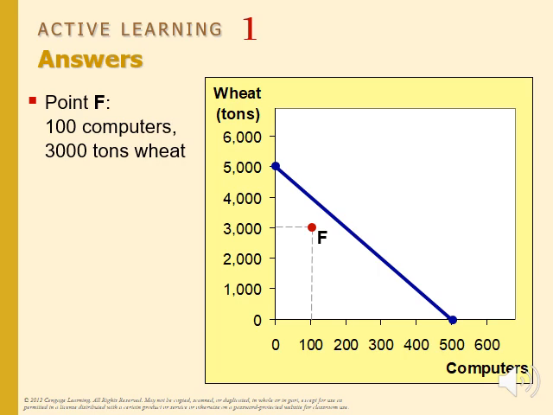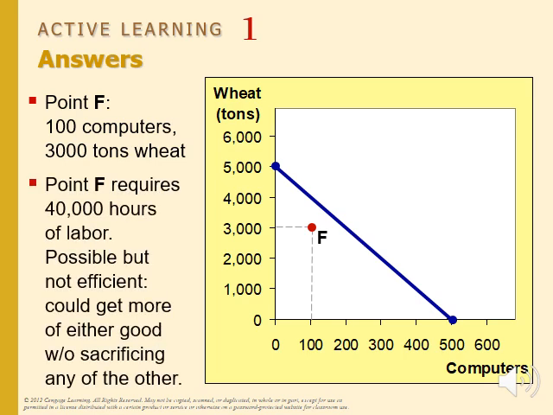The fact that we're not using these hours means that we're not operating up to our potential. We're not operating efficiently. Point F is possible, it's feasible, but it's not efficient. We could get more of either good without sacrificing any of the other.